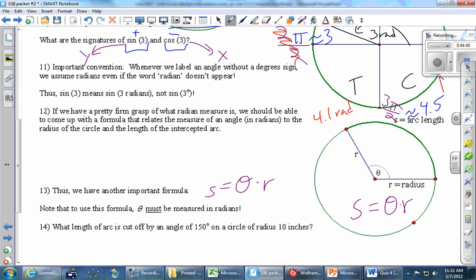We'll go to Steve. Can you jump down to 13? So S equals theta r only works if theta is in radians.